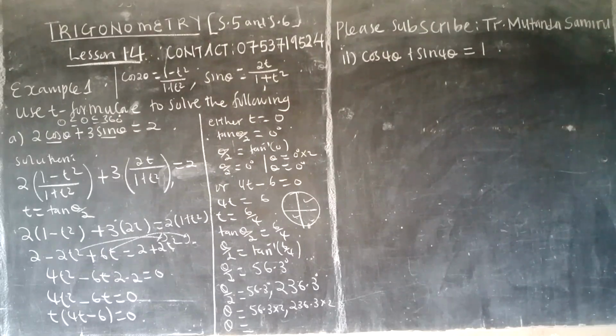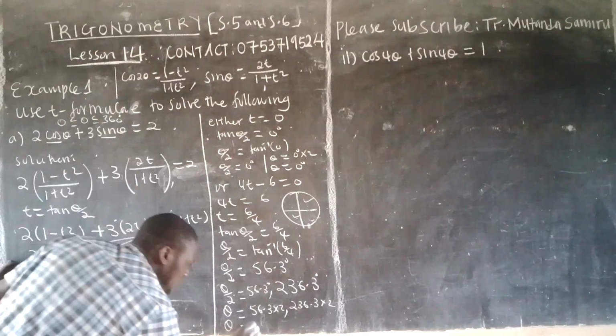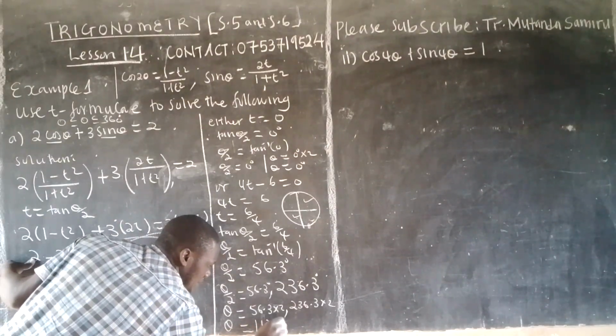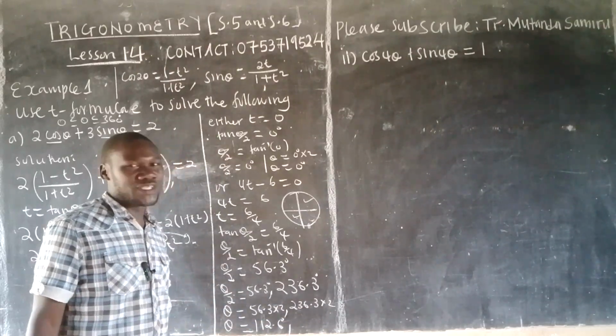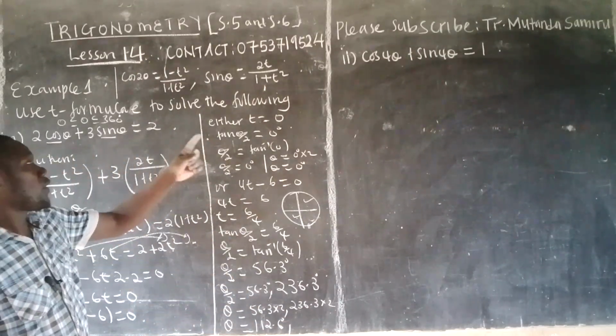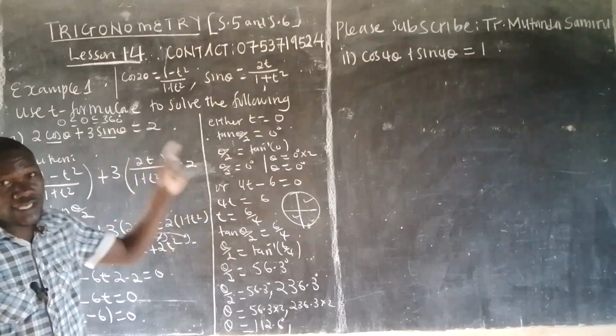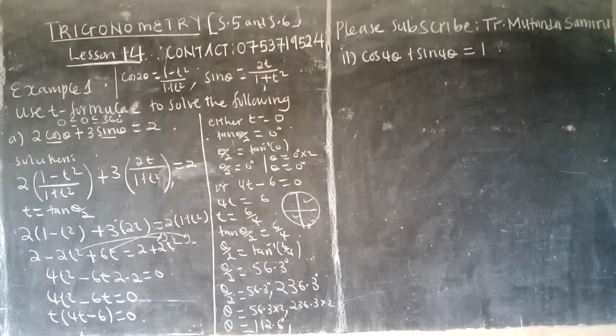56.3 times 2 is 112.6. Now, this 236.3 times 2 gives us 472.6, which I will discard because our range ends here.